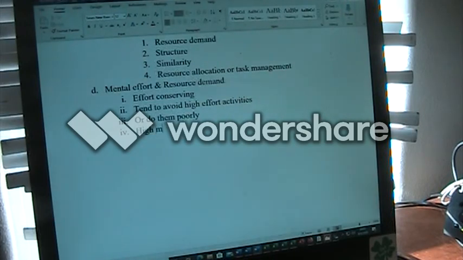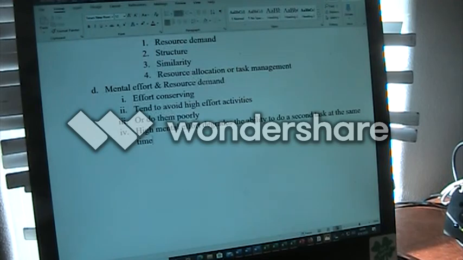So, high mental effort degrades the ability to do a second task at the same time. So you can drive and talk at the same time as long as both are pretty easy.